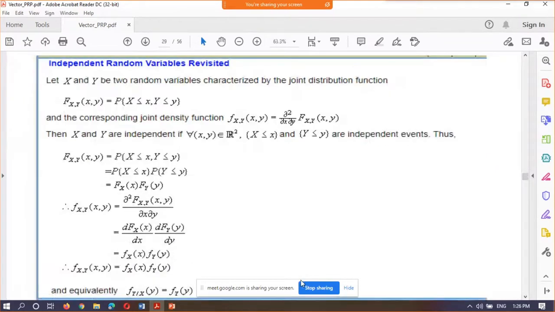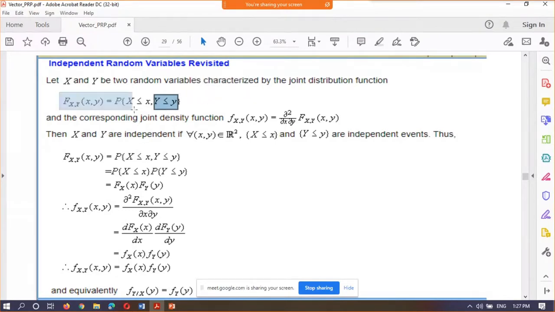So now the concept of independence we will see. Like you remember, this is the cumulative distribution function for the two random variables x and y, and here small x and small y are the values taken by the random variables capital X and capital Y, and it is defined by this probability of capital X less than or equal to small x intersection with capital Y less than or equal to small y.